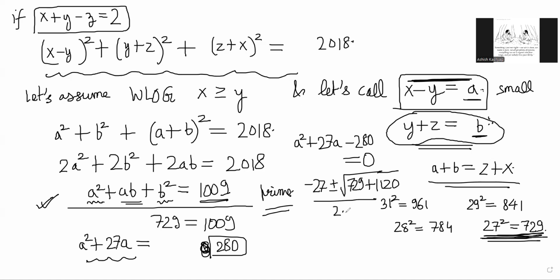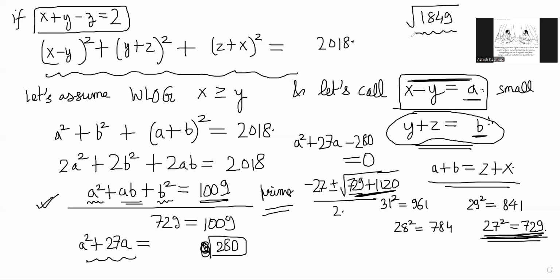By 2. This is 1849. Okay, 1849 is a perfect square as far as I can remember. What is the square root of 1849? 40?